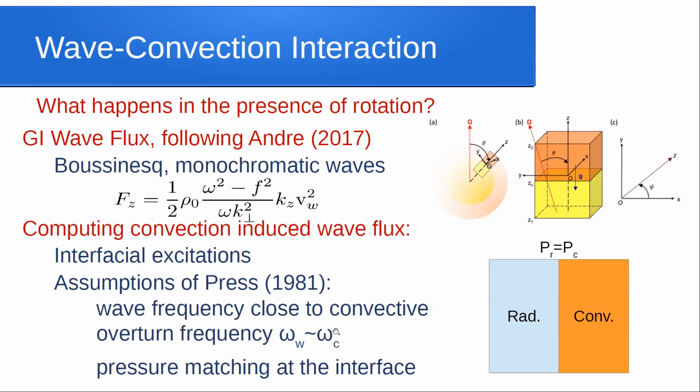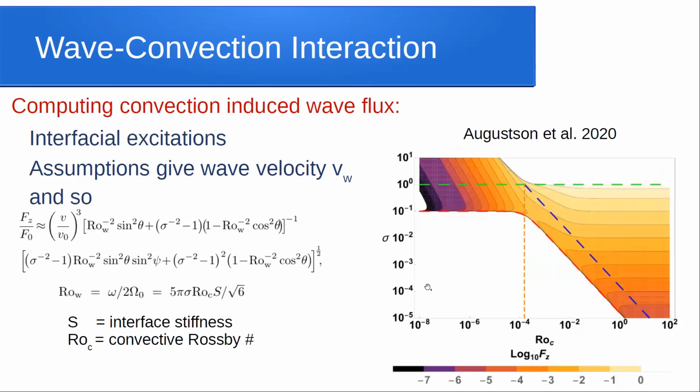One of the constraints is that for efficient excitation, you need to have your wave frequency close to the convective overturning frequency. And you also need pressure continuity across that boundary. So if we use all of those assumptions and we use our monomodal rotating convection model, we can get an estimate for what the wave flux should be.